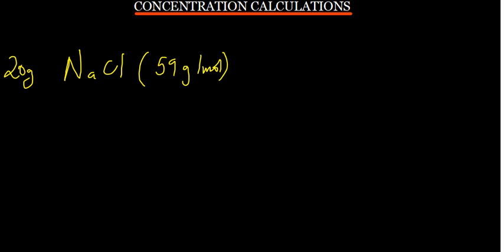For sodium chloride, when you have been given an ionic compound, this value I'm calling molar mass, you call it relative formula mass because it is an ionic compound. If it was a molecule, it is called relative molecular mass.